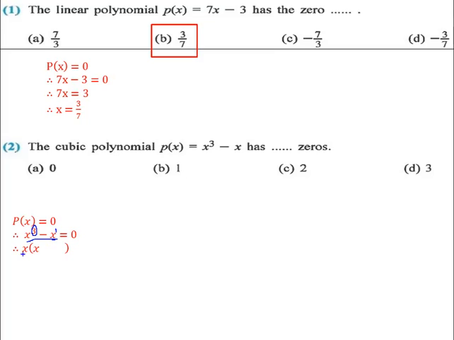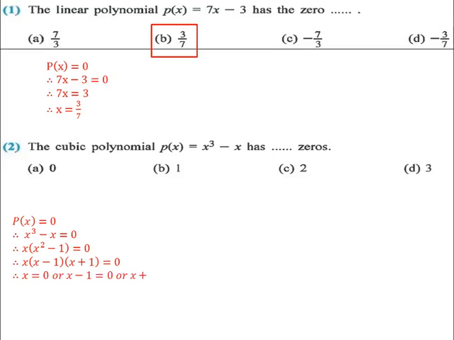Therefore, x is common: x into bracket x square minus 1 is equal to 0. The factors of x square minus 1 are x minus 1 and x plus 1. So, x into x minus 1 into x plus 1 is equal to 0.